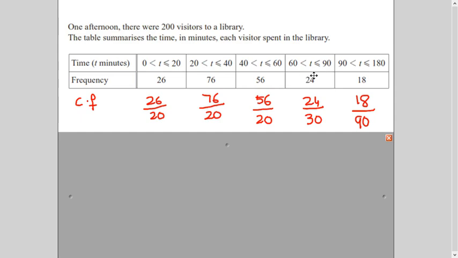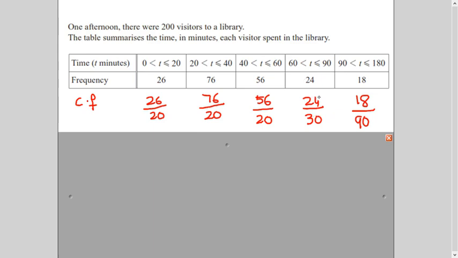For example here, frequency is 24, interval is 30, since 90 minus 60 is 30. Notice the upper boundary, or upper limit, of one interval is equal to the lower limit of the next interval. So the boundaries are the same.